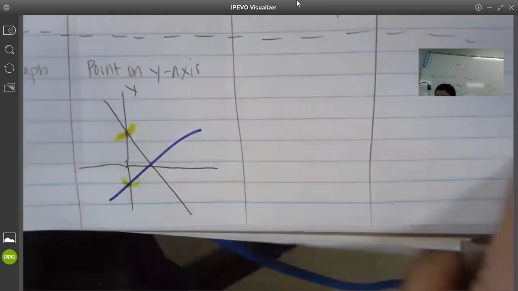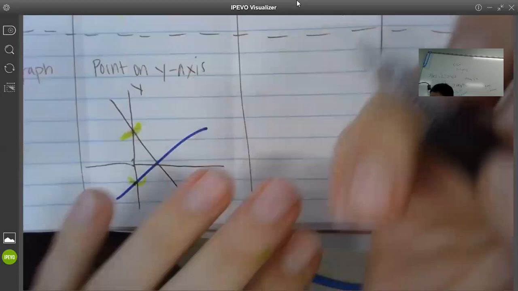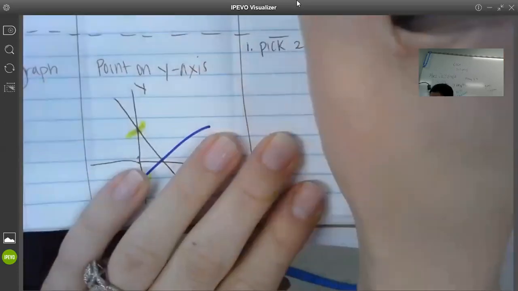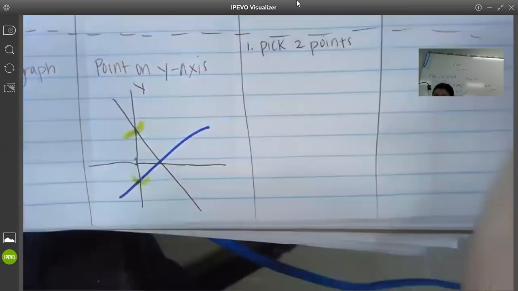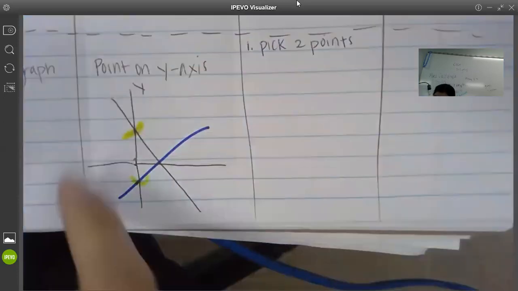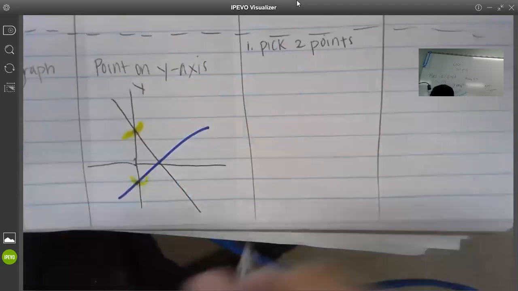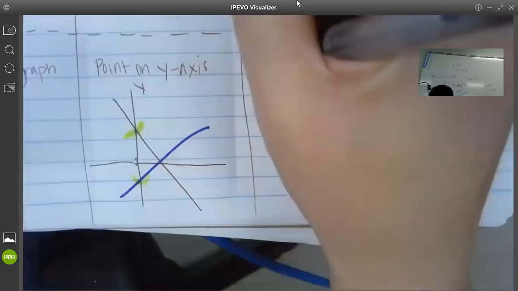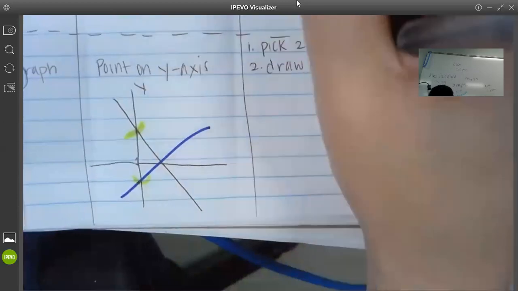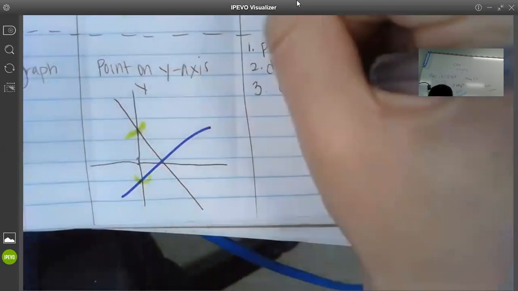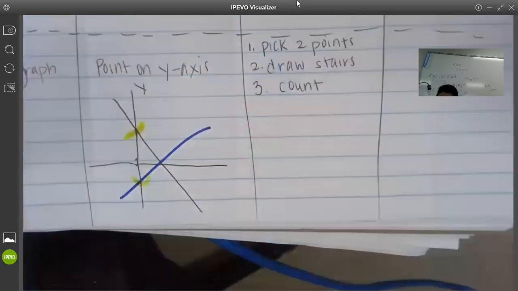Your slope, though, is a little bit different. It's going to be like the table. You pick 2 points, and you're finding the change. Here, you have to pick 2 points. You need to draw the stairs. And then you count, because that's how you're finding the differences.